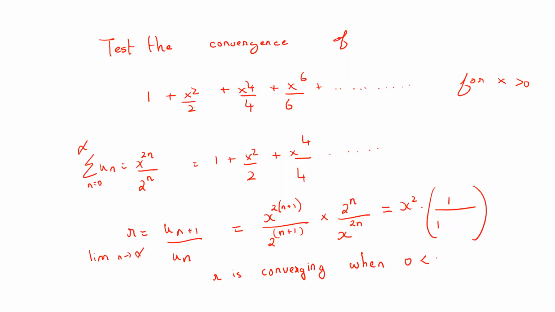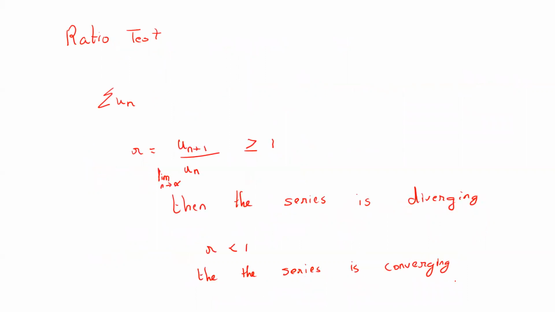So the given series, summation un, is converging when x is between 0 and 1, and is diverging when x is greater than 1. This is how we use the ratio test. So this is called the ratio test.